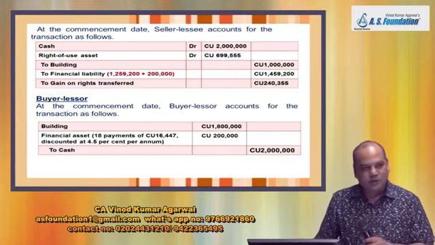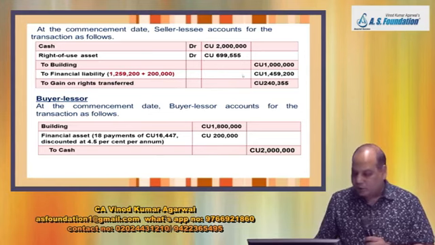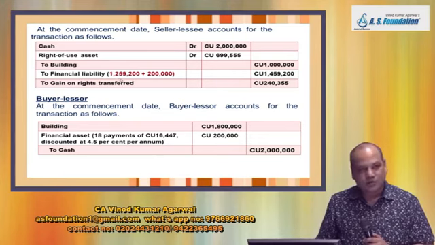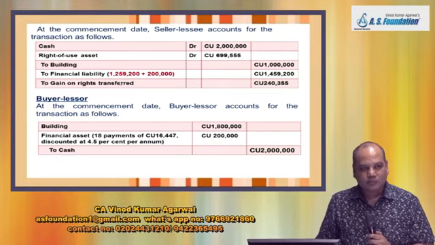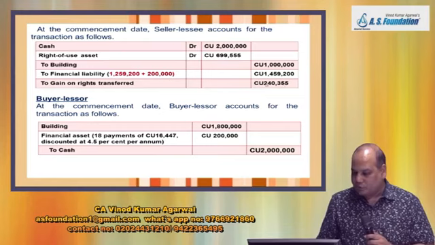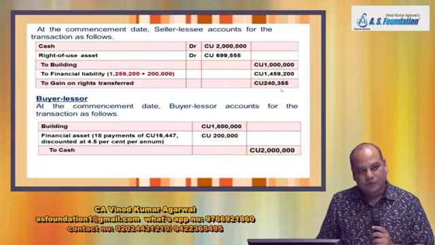Building will be derecognized from the books now. And financial liability, actually we can divide into two parts: lease liability and financial liability. So lease liability will be 12,59,200 calculated in your notes, and financial liability 2 lakh, that is additional loan, and then to gain on the rights transferred which you computed just now, 240,355.